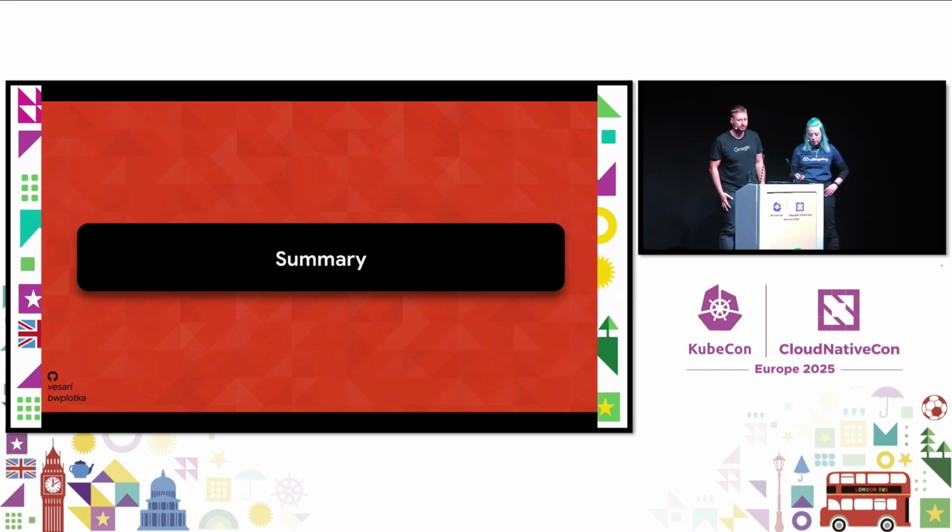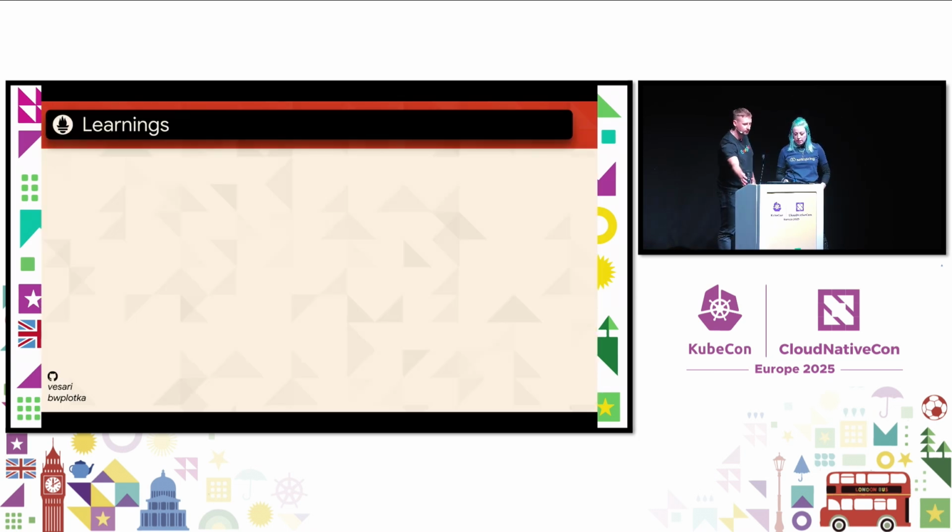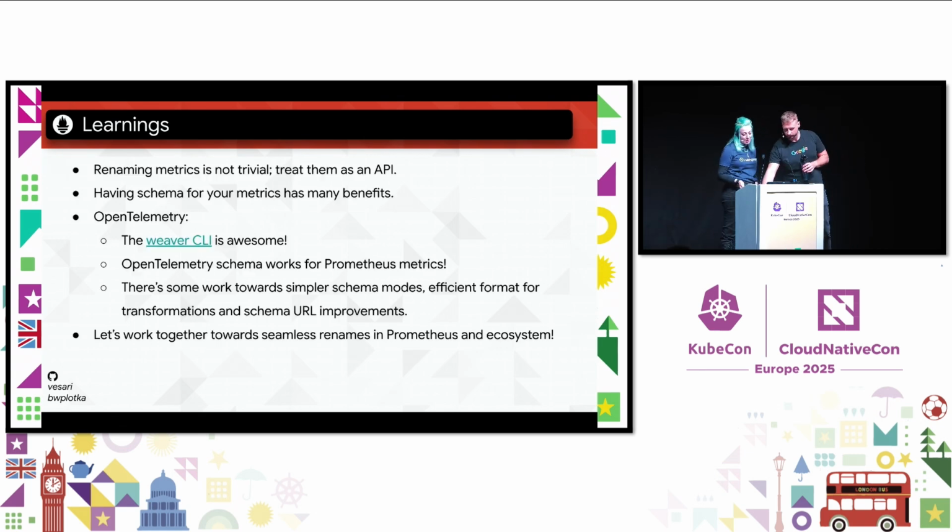So we are almost at the end, and what are the learnings here? Basically, the learnings are that renaming metrics is actually very hard, and it's not trivial. Then, having a schema for your metric is a very cool thing. It has a lot of benefits. Weaver CLI from OpenTelemetry is absolutely amazing.